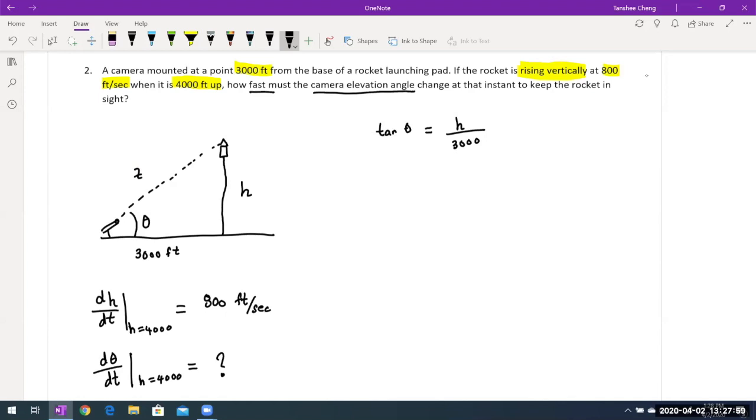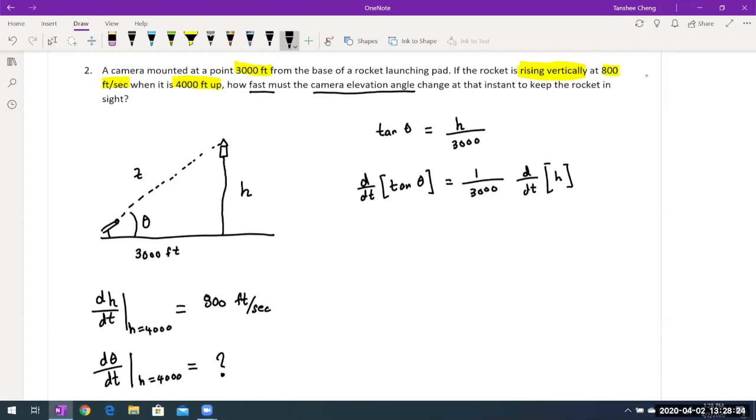So we can put a solid number right there. Now if I take the derivative with respect to time on both sides, on the left-hand side and on the right-hand side, we can look at it as 1 over 3,000 times the derivative with respect to time of h, right? That's the same meaning.